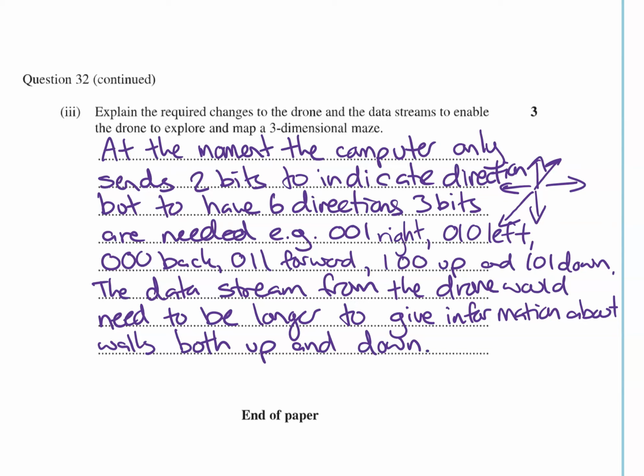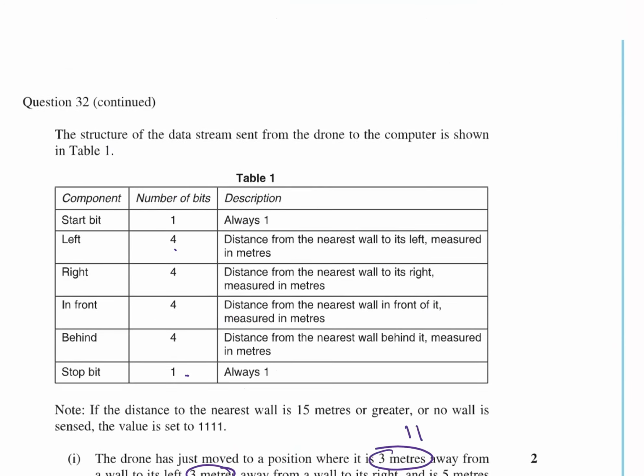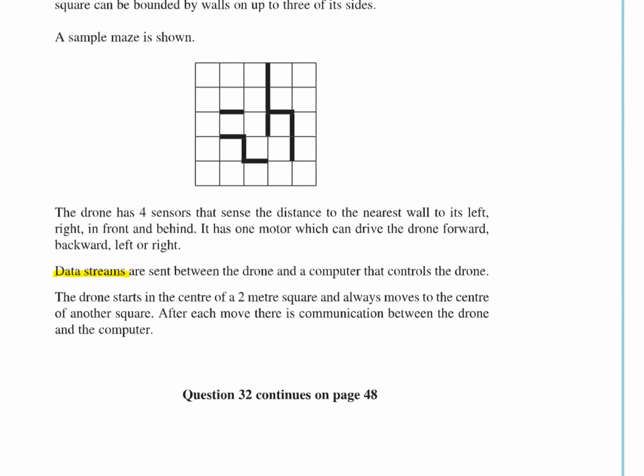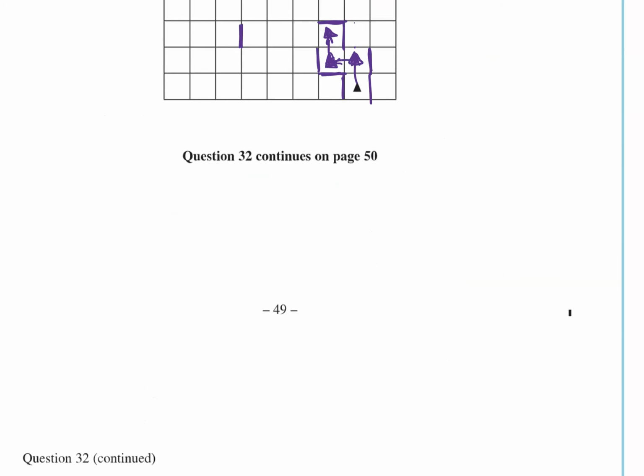So we've covered off the computer. We've covered off the data stream from the drone, but actually in order to pass that information, we're going to need more hardware. So go and have a look at the drone. Drone has 4 sensors and we now have 6 directions.